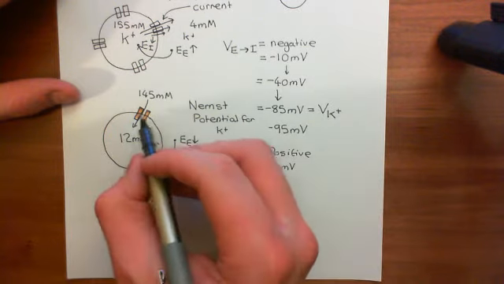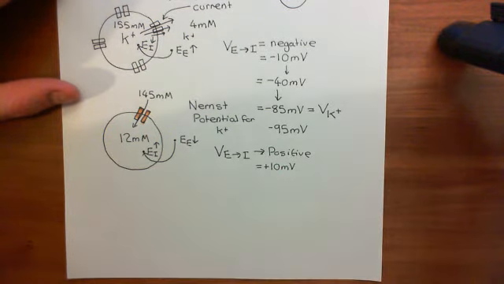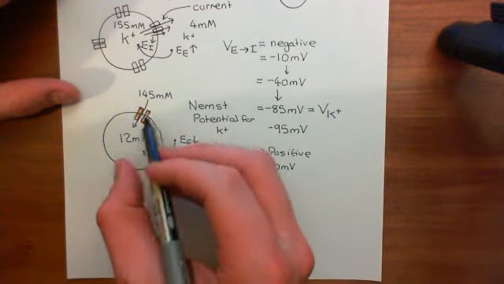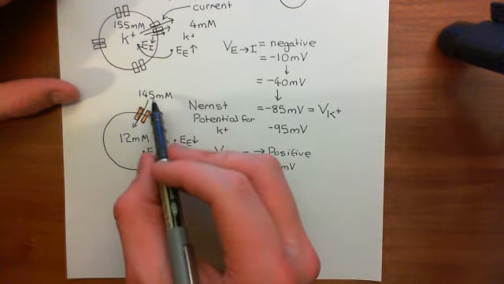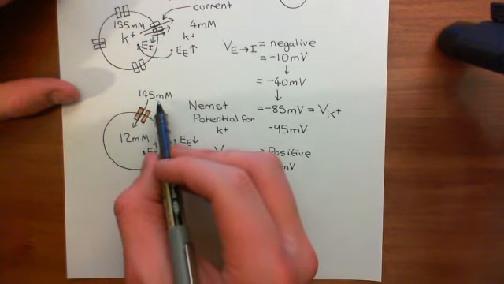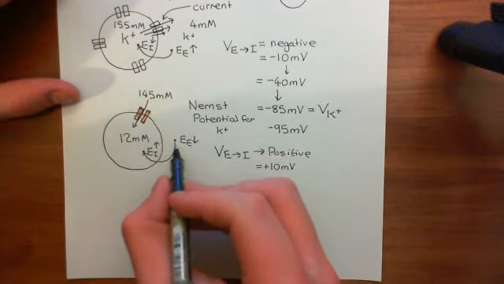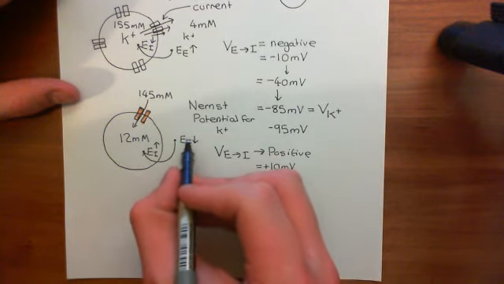Then, when the electrical potential difference starts to build up, what will happen for the sodium ions? Well, sodium ions are a positively charged ion, so they want to be where the electrical potential is lower, which now is the extracellular compartment.